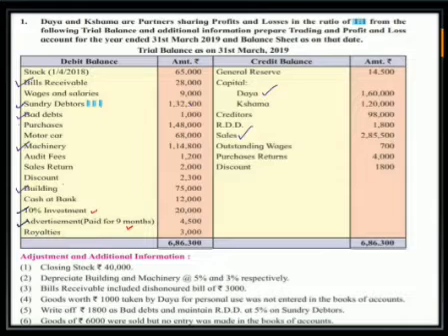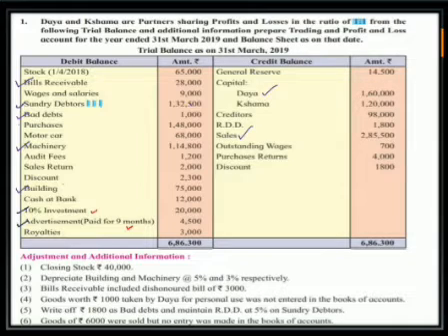Then come to the credit balances of the trial balance. General reserve, balance sheet liability side. Capital, Daya and Kshama, balance sheet liability side. If you have prepared the partners' capital account, then we have to transfer these balances to the credit side of the capital account by balances brought down. Creditors, balance sheet liability side.